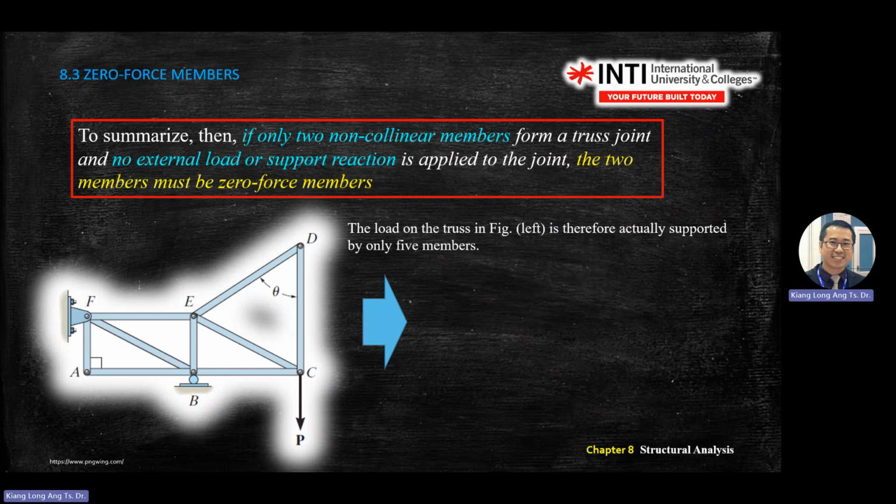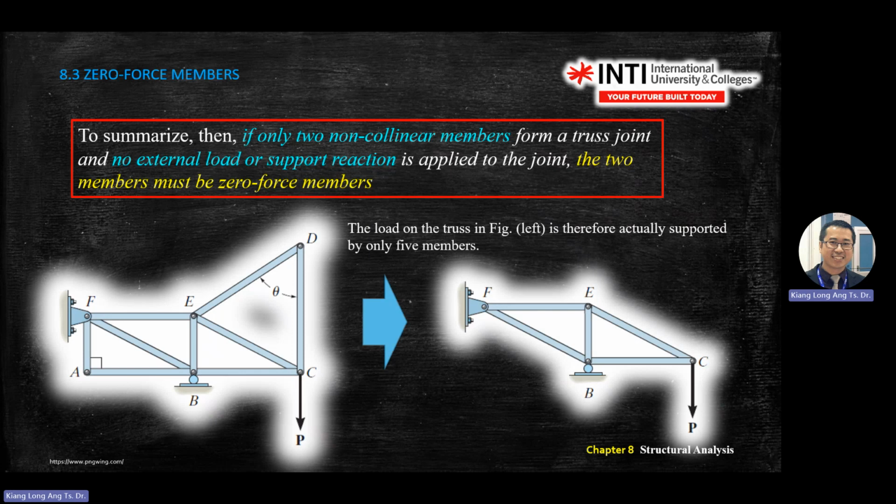So you can simplify what looks like a complicated problem with this approach. The kind of question that will come out, the first section will ask you to identify the zero force members and simplify the structure with a new diagram.